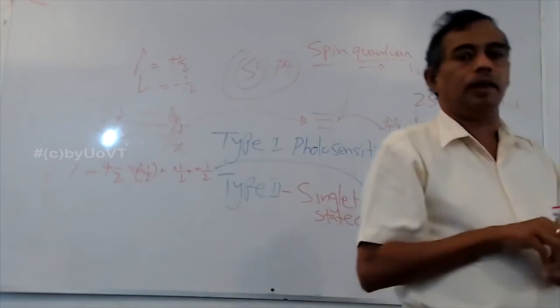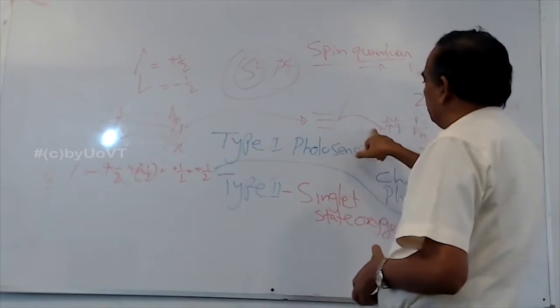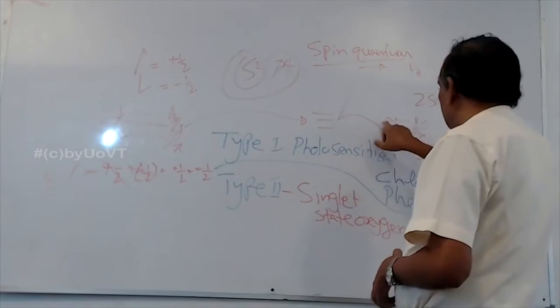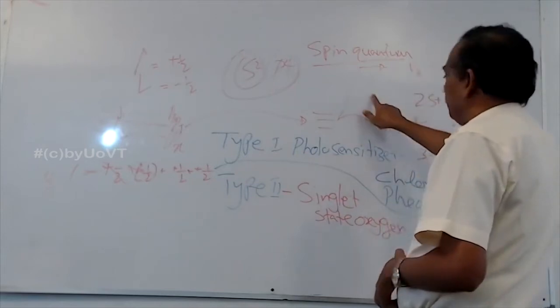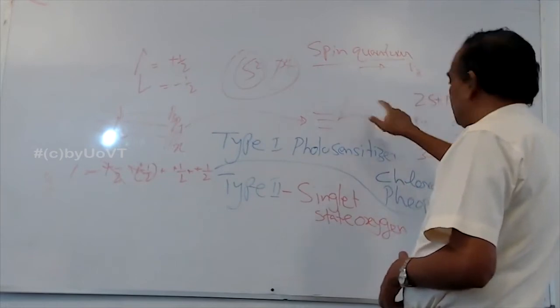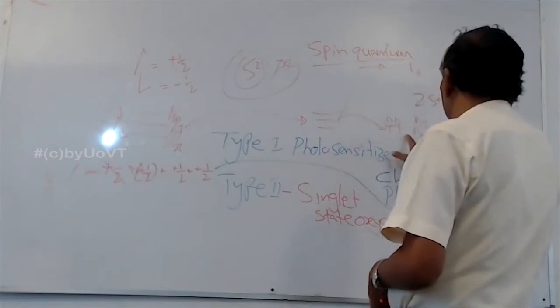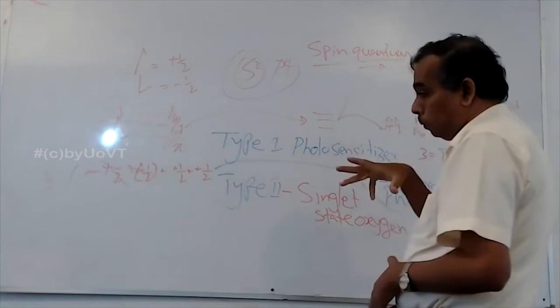Now you can think about the other system. This one: plus half minus half is 0, plus half minus half is 0. That means S is 0 for this system, after absorption of energy. When S becomes 0, what will happen? 2 into 0 means 0.